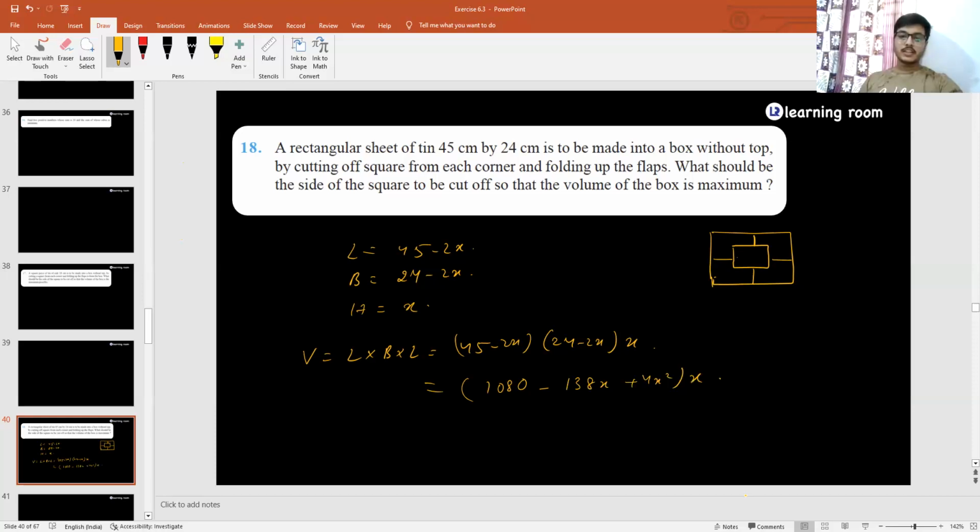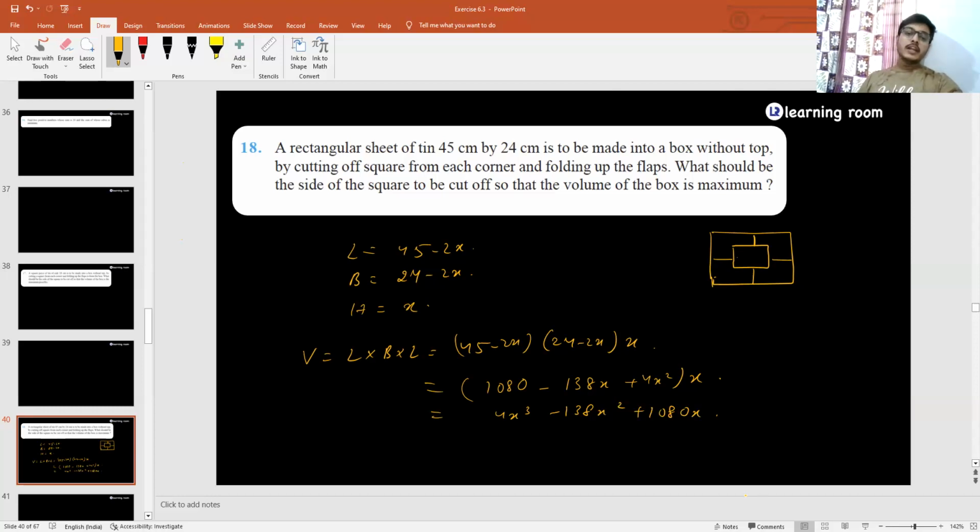That's good, that's correct. Okay, so you get this. If you multiply the x value, you're getting 4x cube minus 138x square plus 1080x. Isn't it? This is what you would be getting.